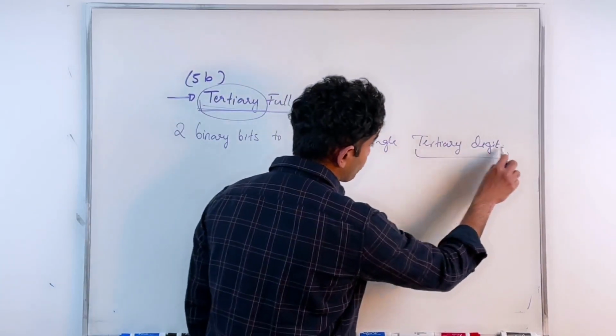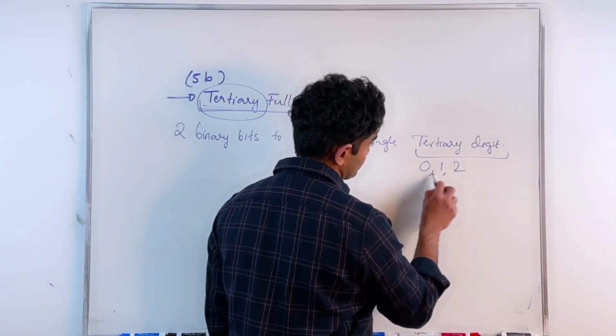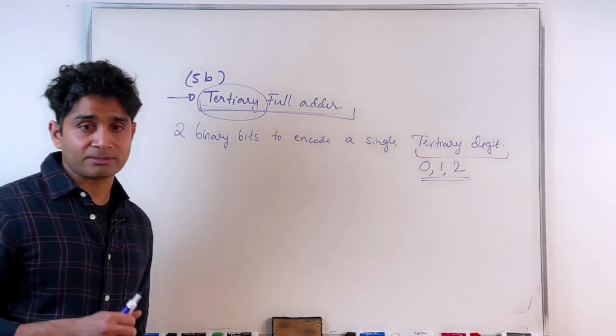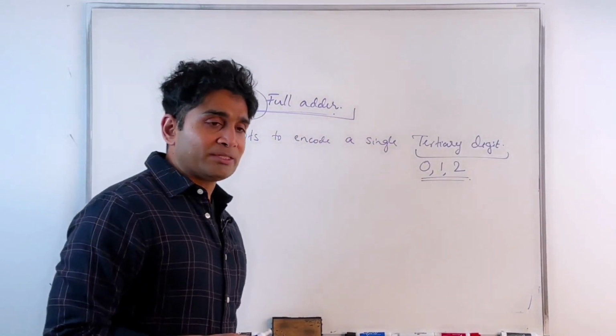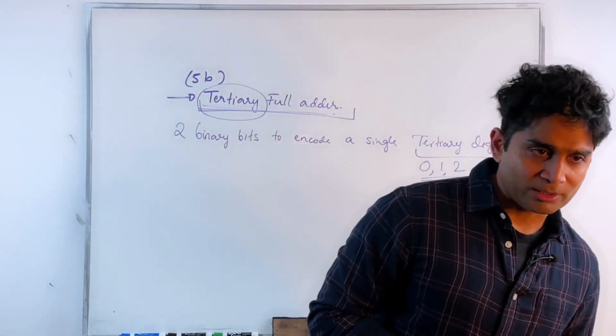Again, my tertiary digits go as 0, 1, and 2. I don't have a 3 there. It's base 3, so my digits themselves go as 0, 1, and 2.